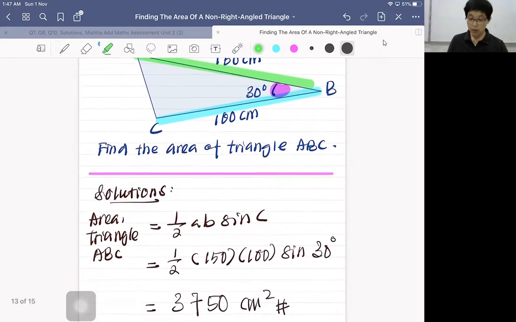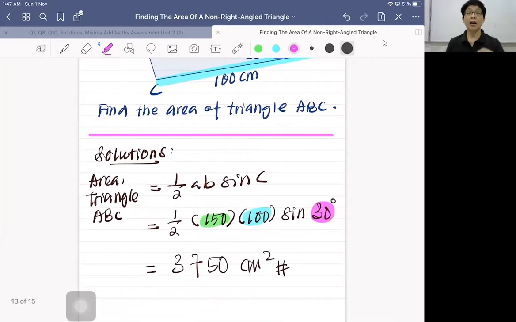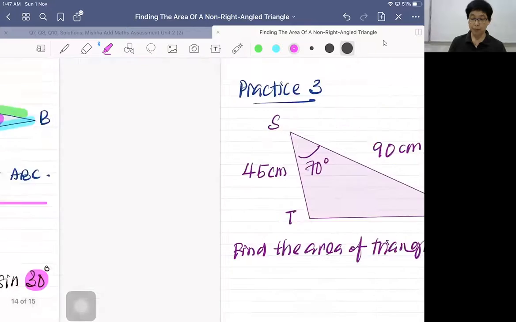Yep. So A, B, and sine C. Again, with a few punches on your calculator, I believe you have managed to get the answer. Let's go for one final try.